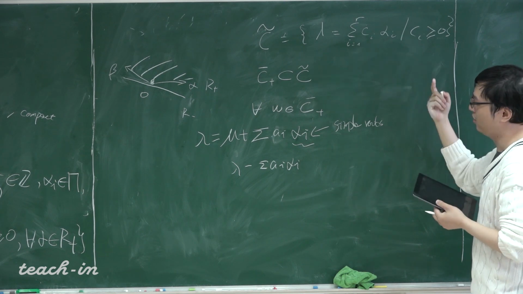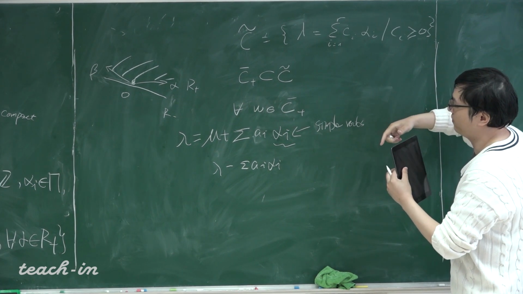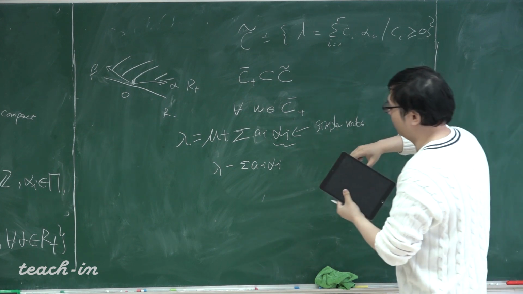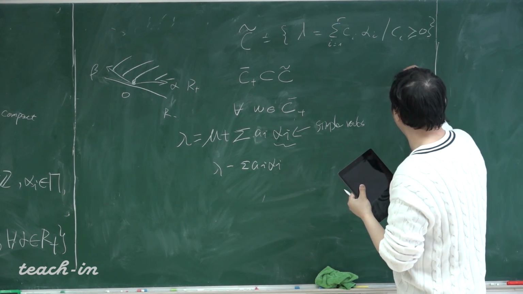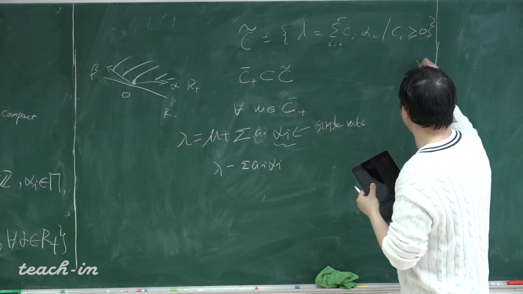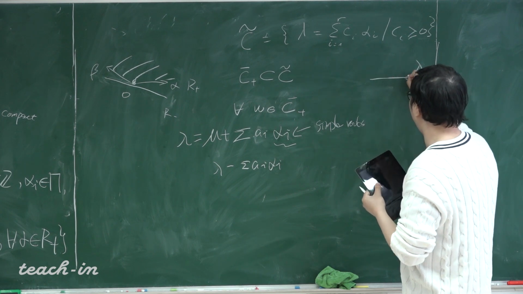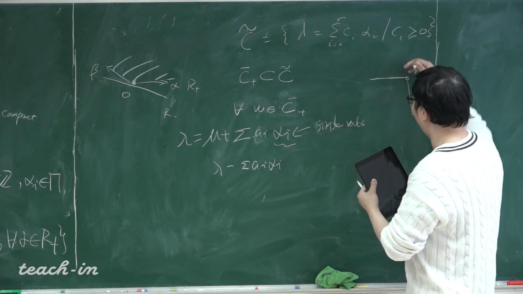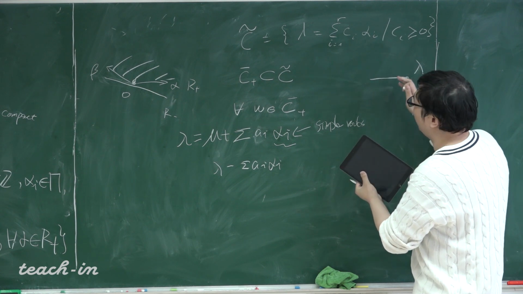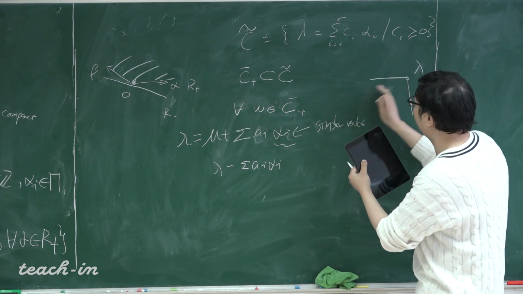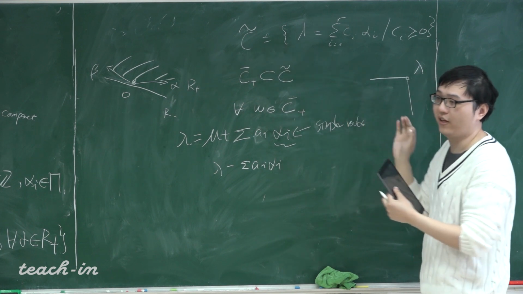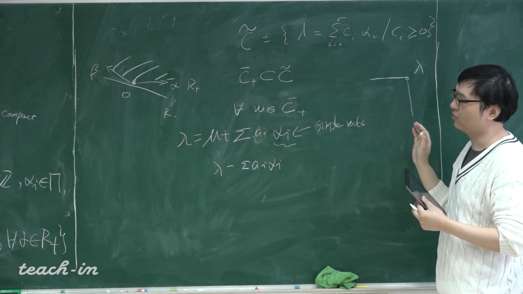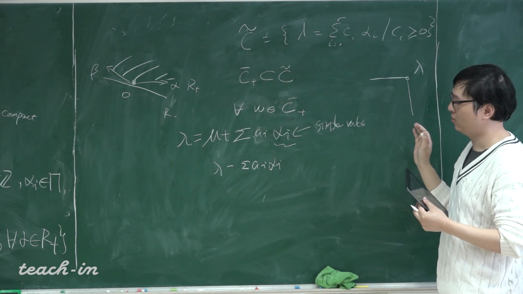And the intersection of the boundary of, if this is the past width, then it has something like this. And I mean the intersection of this part and this will be a finite volume.